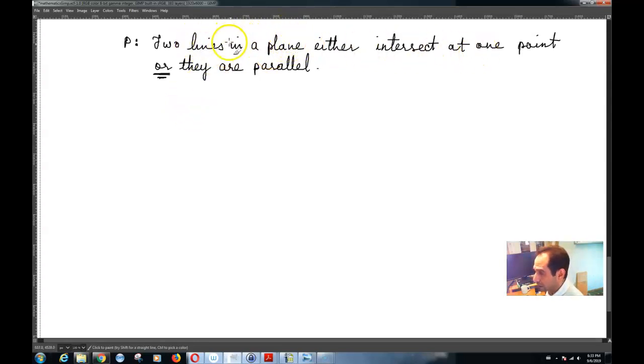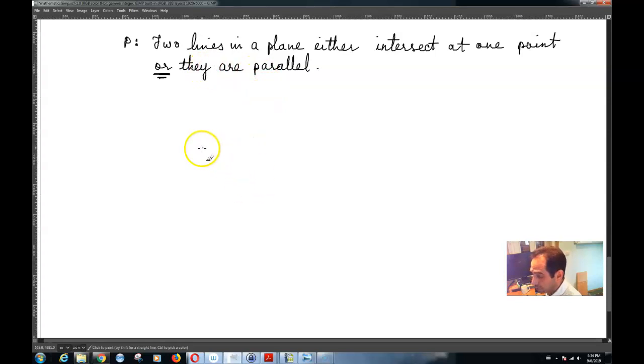So if you look at this statement, you will see that it is true, because two lines in a plane either intersect at one point or they are parallel. It makes sense.